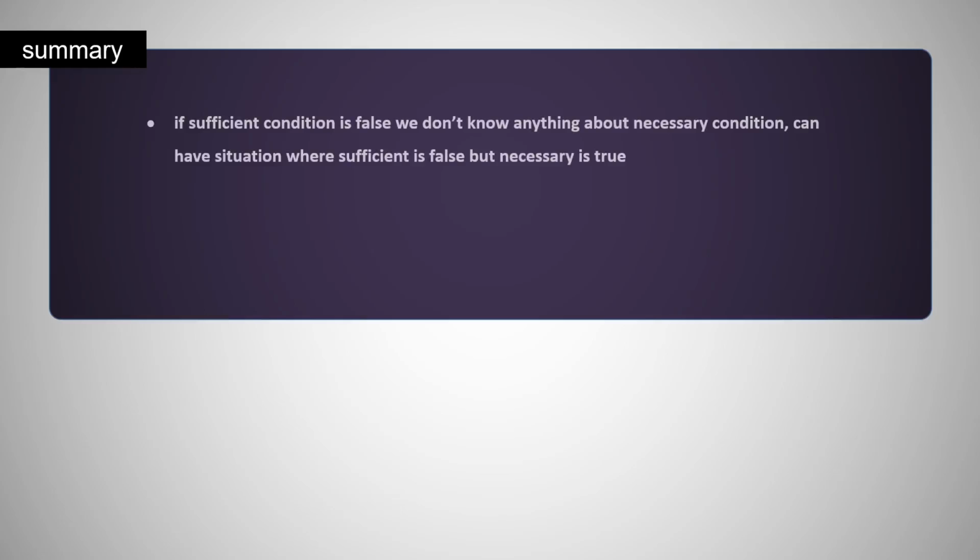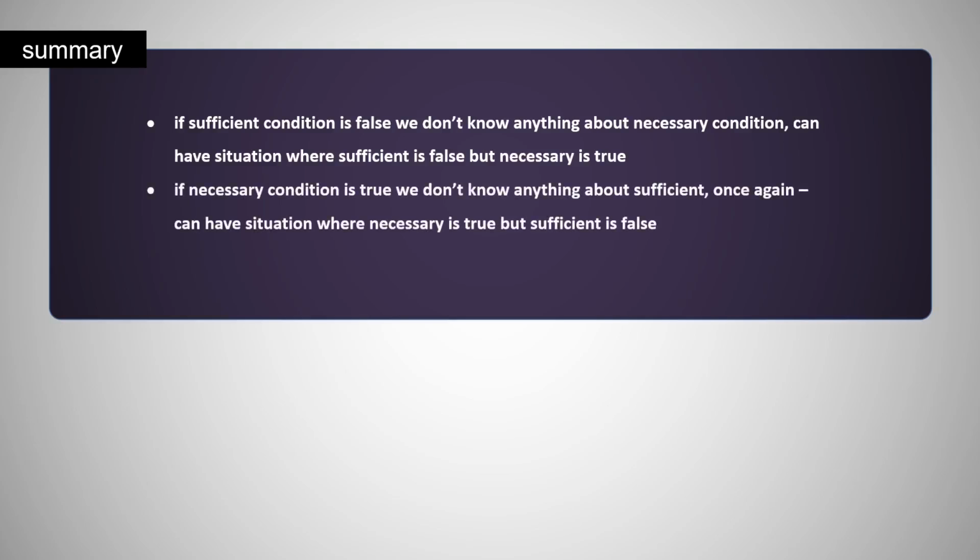Okay, so to summarize: if the sufficient condition is false, we don't know anything about the necessary condition. We can have a situation where the sufficient is false, but the necessary is true. And if the necessary condition is true, we don't know anything about the sufficient. Once again, we can have a situation where the necessary is true, but the sufficient is false.